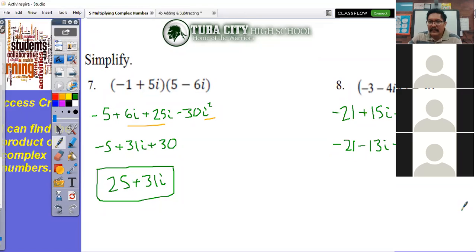And now I think we can put our like terms together. So negative 21 minus 20, so that would be negative 41, minus 13i.